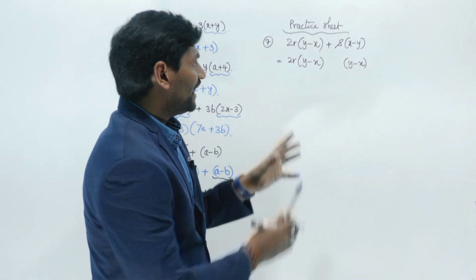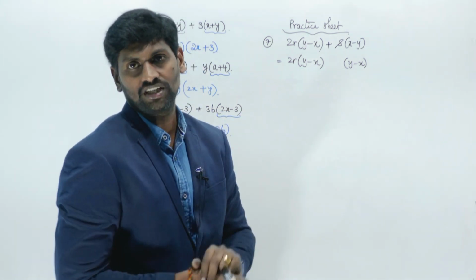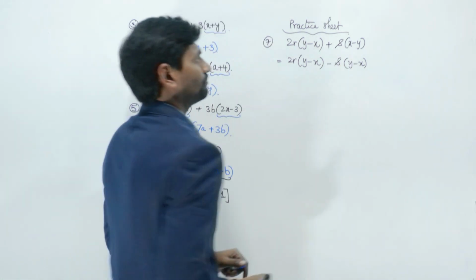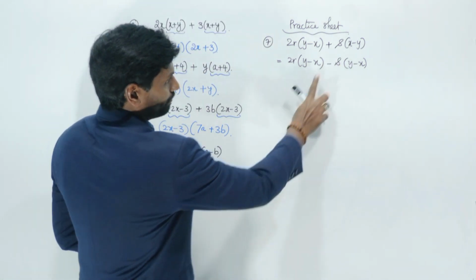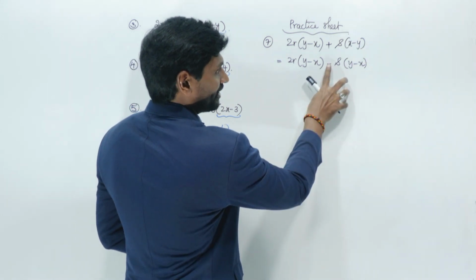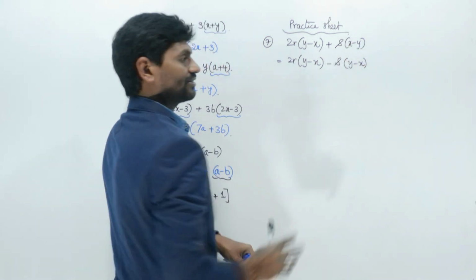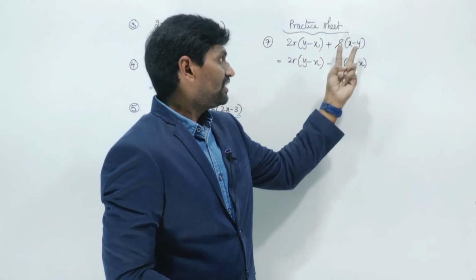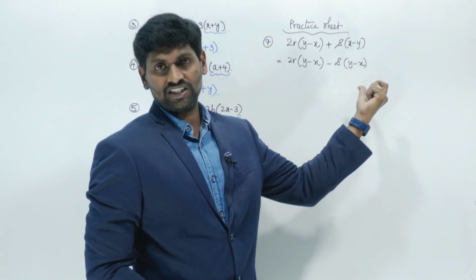I interchange the symbols of the terms, so I should keep a minus symbol in front. Check here: minus into y, minus into minus plus x. So if you keep a minus symbol in front, we can interchange the terms with the symbols.